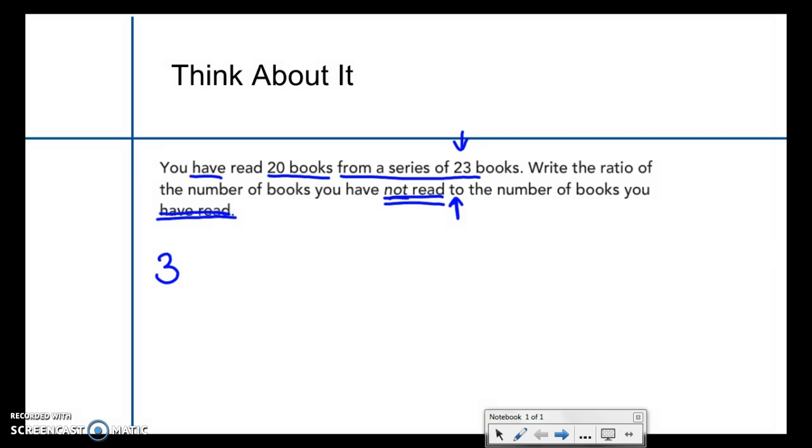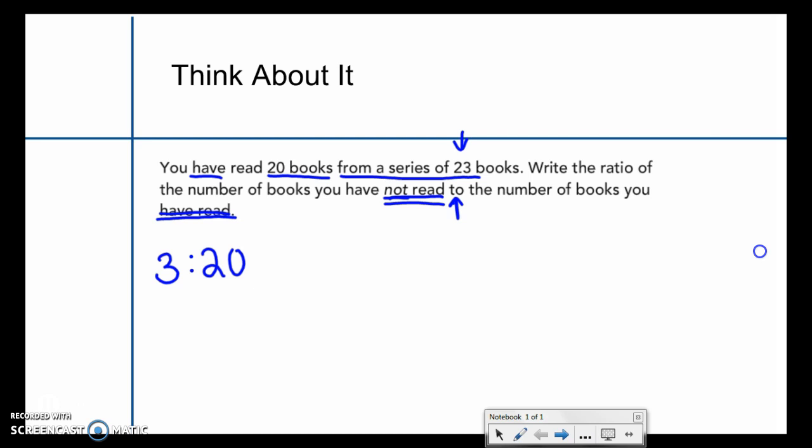So keep in mind that we're comparing the number of books that we have not read to books that we have read. Okay? I'm going to use our colon in this situation to separate our 2 values. So we're comparing the 3 to the number that we have read, which was 20.